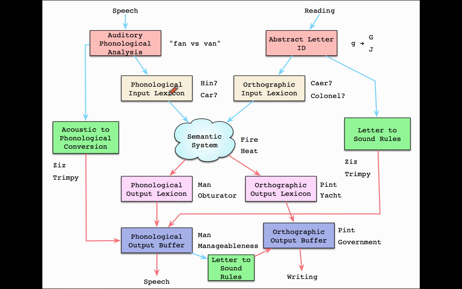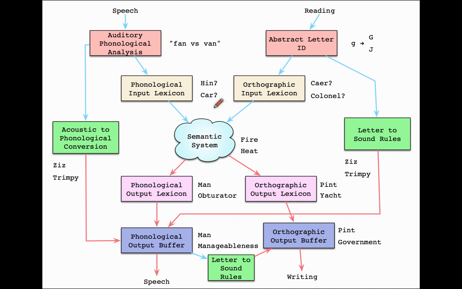We've got a lexicon for heard words, in a sense a mental dictionary for heard words, and a lexicon for written words. Why do we have these different lexicons? We have these different lexicons because basically in the past there have been cases of individuals where one was damaged and the other wasn't. And so this kind of isolated damage was enough to suggest that there are two separate types of lexicons.